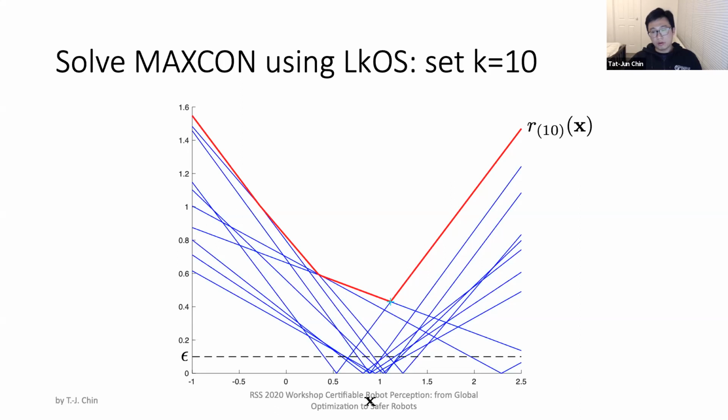Is it below epsilon? No. k equals 9, is it below epsilon? No. k equals 8? No. We keep going until it's below epsilon. Then that also tells us this is the point x where the most number of lines lie below epsilon. So for this particular problem, we can solve the maximum consensus solution with 6 inliers.